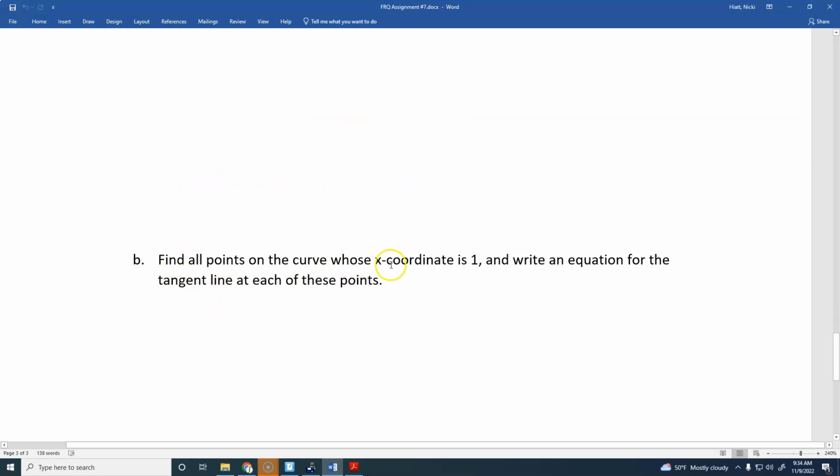B says find all points on the curve whose x-coordinate is 1 and write an equation for the tangent line at each of these points. All right. So, the first thing I'm looking for is the points where the x-coordinate is 1. So, what am I going to plug 1 into? X in which equation?